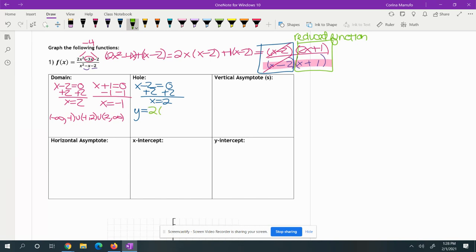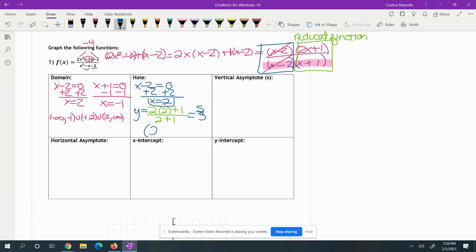So 2 times 2 plus 1 divided by 2 plus 1. Once I plug in this 2 that I got for my x in there, I'm going to go ahead and solve for it. So 2 times 2 is 4, plus 1 is 5, and then 5 over 3.